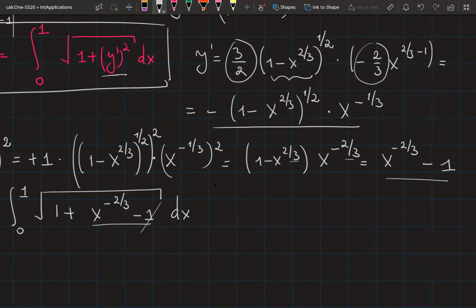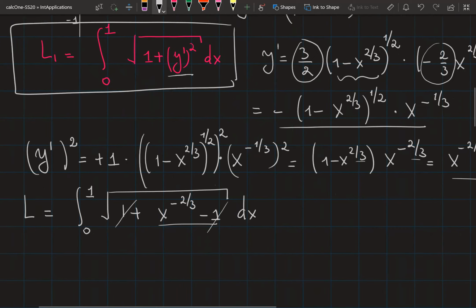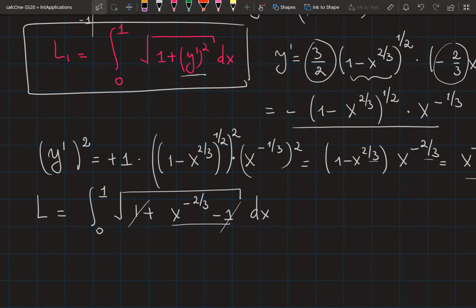Minus 1 and plus 1 are going to cancel, and what we have here is x to the power of minus 2 over 3 under the square root. If you take the square root, it's going to be equal to x to the power of minus 1 over 3, and we have to integrate this.